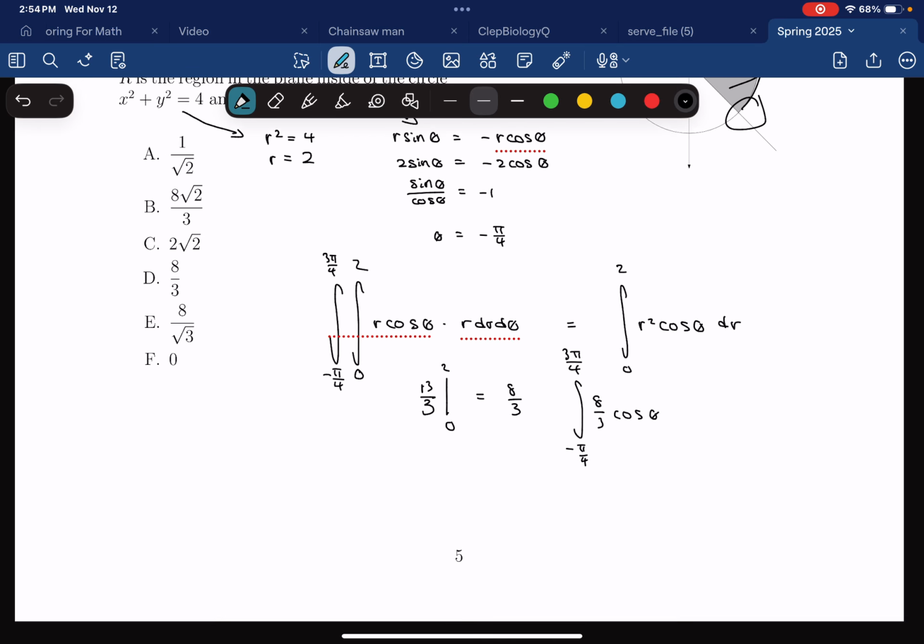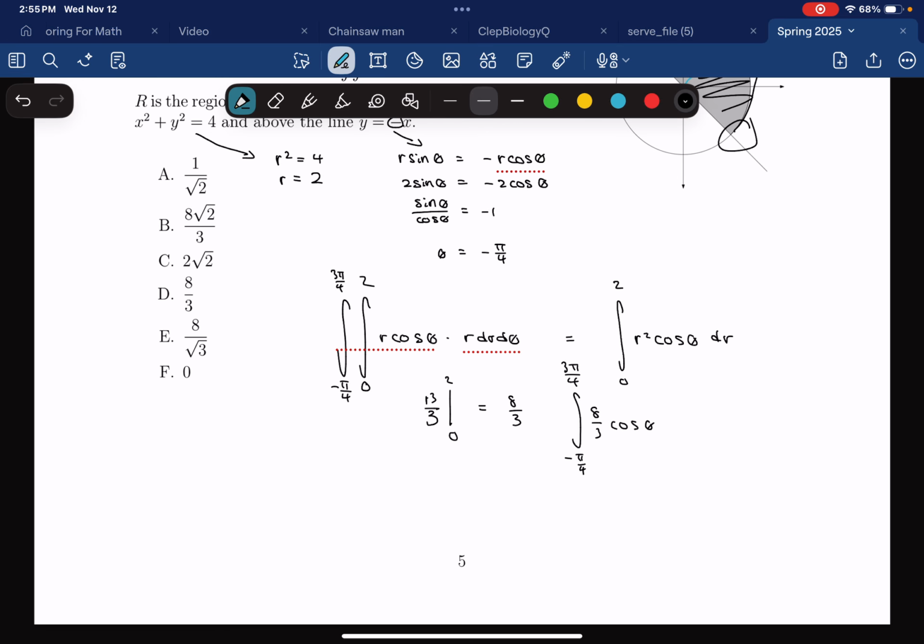will get you 8 over 3 sine theta from negative pi over 4 to pi over 4.